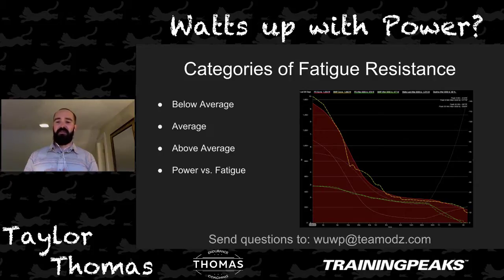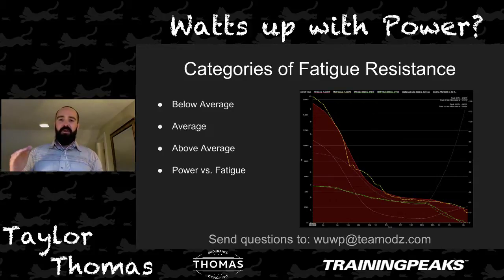That starts to give you some insight, like I said, into those gross strengths and weaknesses. The fatigue profile dives in and starts to really pinpoint exactly what's going on in the body. Where is it within each of those systems that your body begins to fatigue, and how can you use that information to better inform your training and your racing strategy.